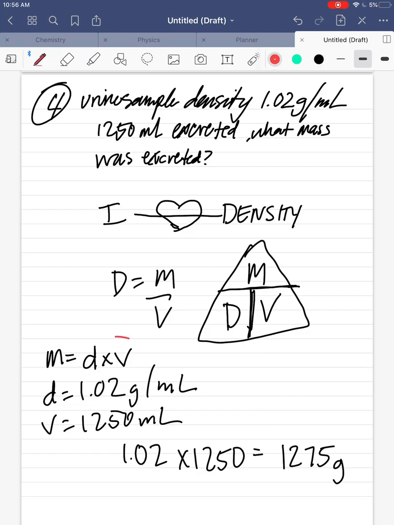My units for density are grams per milliliter, and I multiplied by the volume in milliliters. If you ever forget a formula, if you manipulate your units, you don't even have to know the formula. When you multiply these, this is technically over 1, the milliliters cancel, and you're left with grams over 1, which is exactly what I needed.